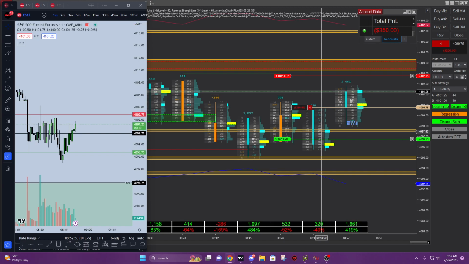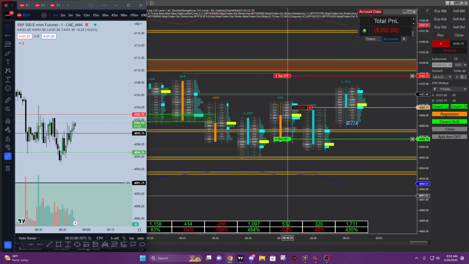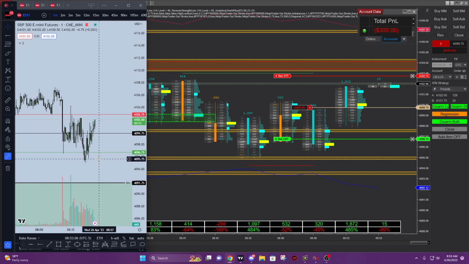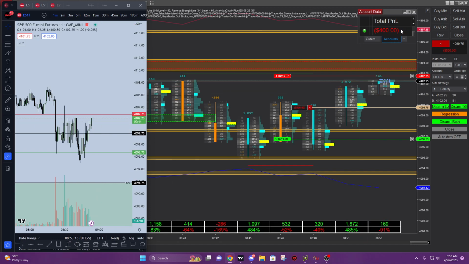Really want to see this push down, obviously, because that's where our take profit is, but really strong delta coming in. Really strong delta. Looks like we're probably going to be stopping out here, which is a shame, because it would have been break even, but now it's going to be minus 600.